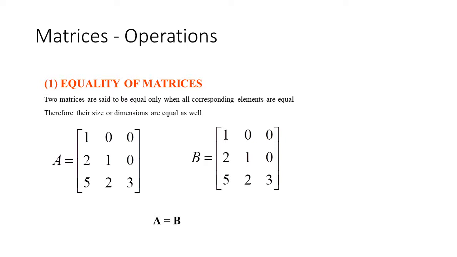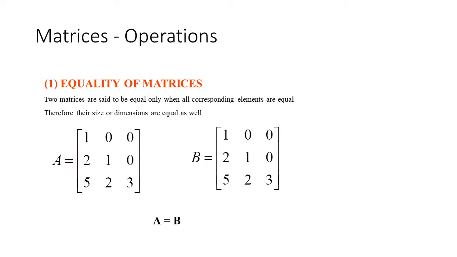So when you want to say two matrices are equal, first of all the size should be the same. The second one, each number in the corresponding place should be the same. Then we say that the two matrices are equal.